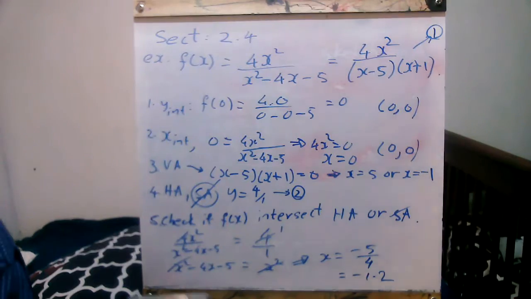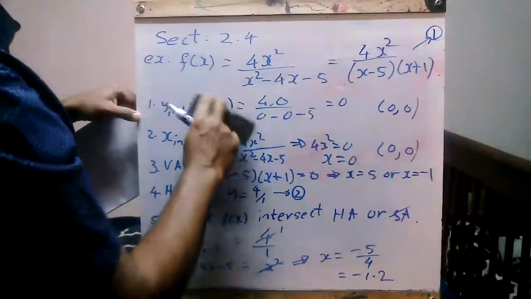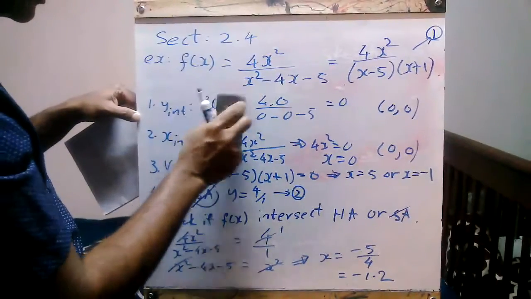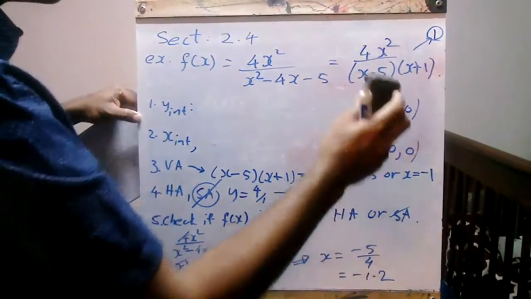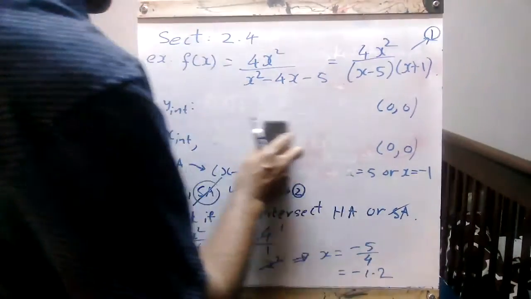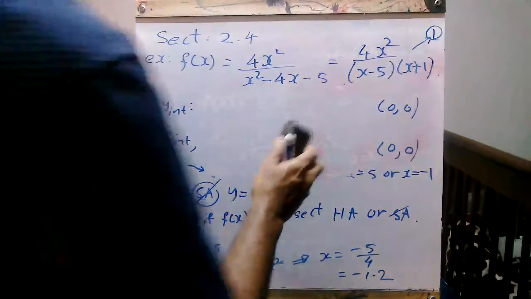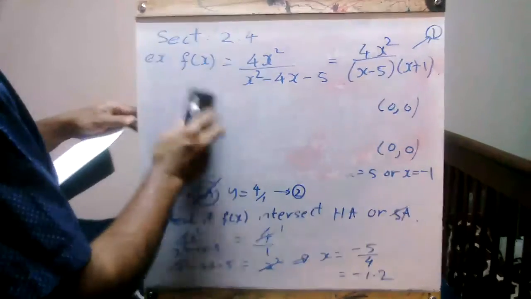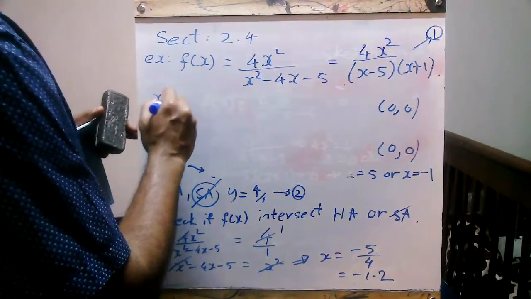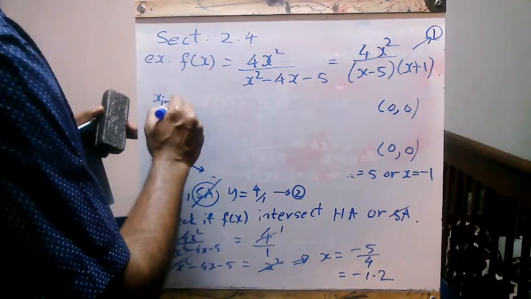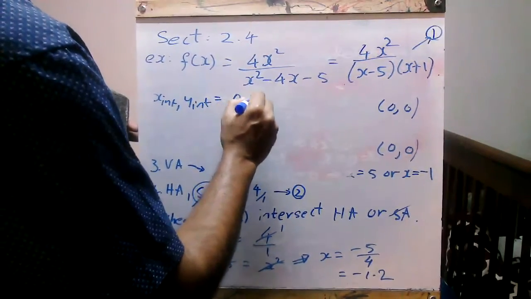Okay, I write down what we found here. I erase this calculation part. We have the x-intercept and y-intercept, they are both (0, 0).